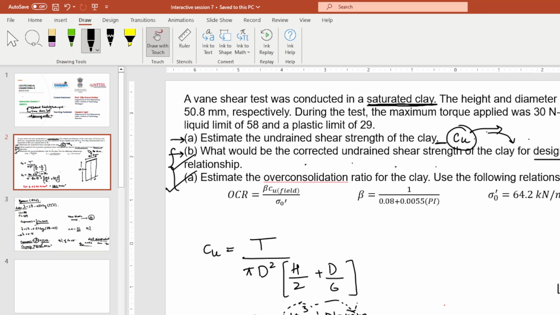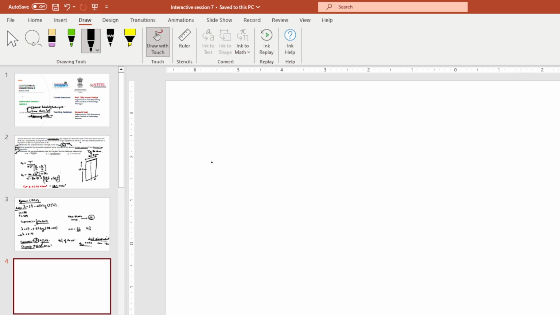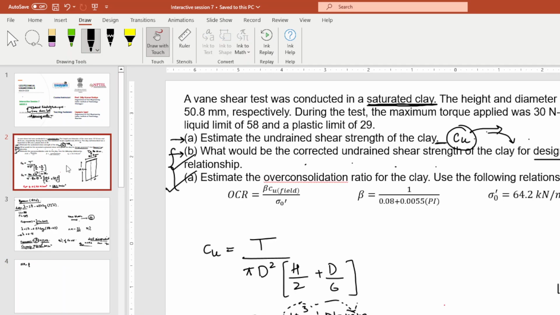For example, from CU, you can even get an estimation of the over consolidation ratio of the clay. The relationship, for example, here is given: OCR equals beta times Cu field by sigma naught dash.